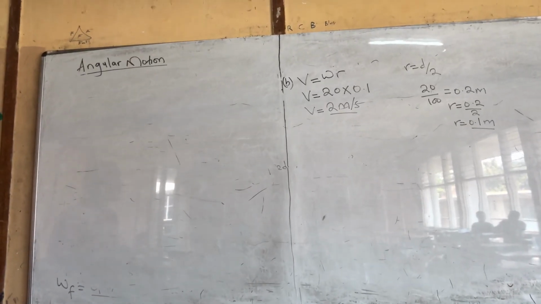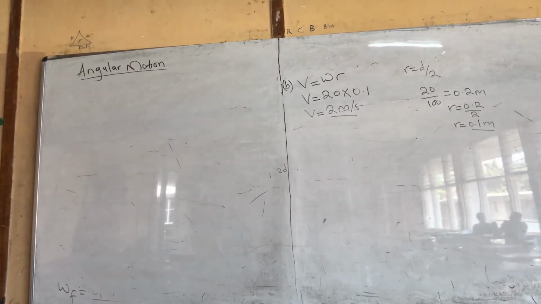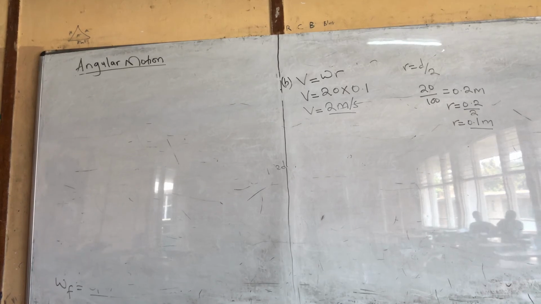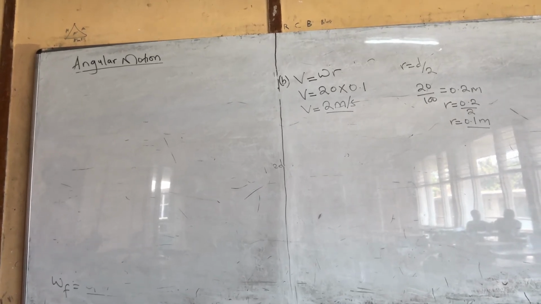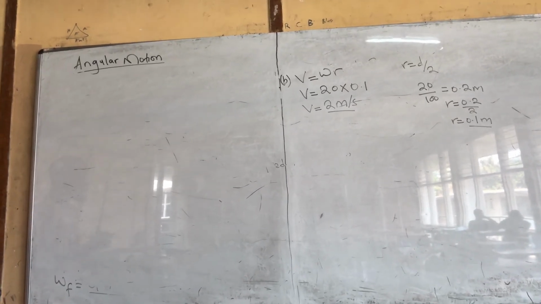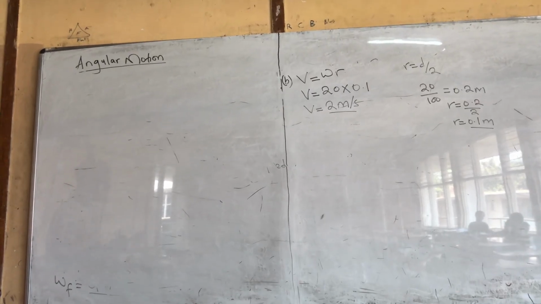So the angle turned through by the wheel, we use the equation for angular displacement. And here, all the equations for angular displacement will work in this way.